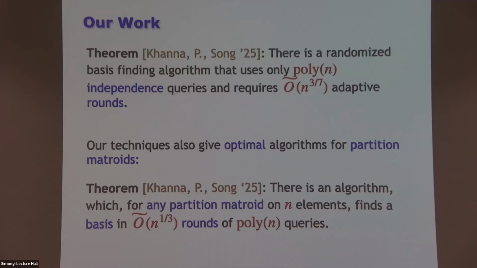That for any partition matroid on n elements, the best lower bound you could hope for is basically n to the 1/3. This is essentially tight. So for any partition matroid, you can find a basis in just O tilde n to the 1/3 rounds of a polynomial number of independence queries. It's not the same algorithm as the one I'm going to show, but you'll see the high level structure is actually very similar.